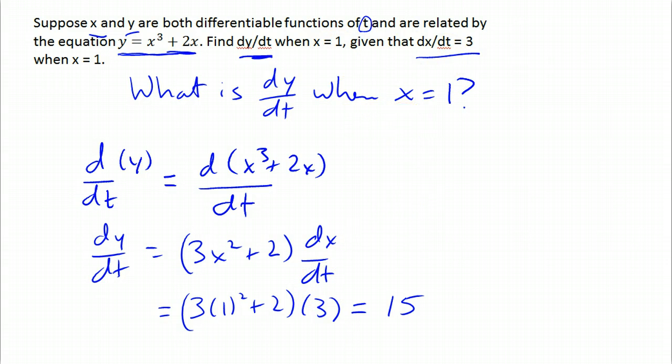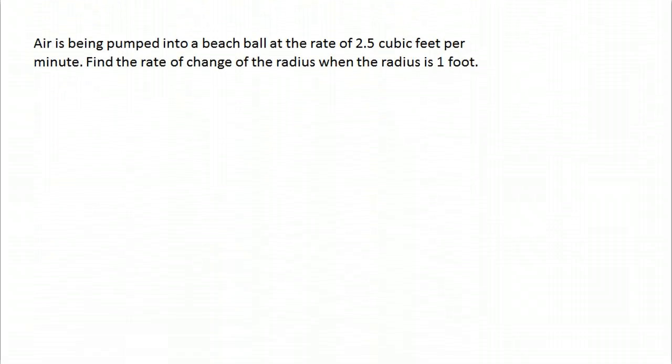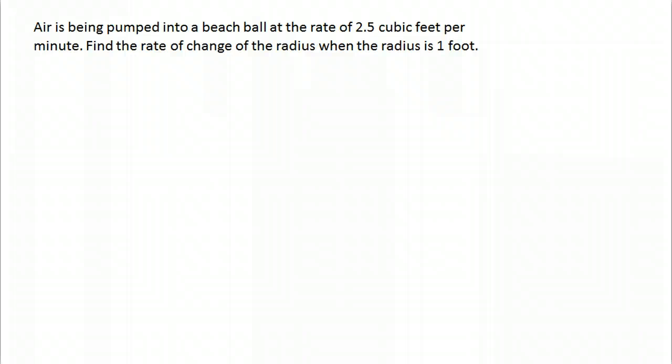Alright, that's not real interesting because that doesn't have a real life application, but how about this problem right here? Air is being pumped into a beach ball at the rate of 2.5 cubic feet per minute. They're always going to give you one of the rates, and in this case they're giving us the rate of change of the volume. Now we're asked to find the rate of change of the radius when the radius is 1 foot.